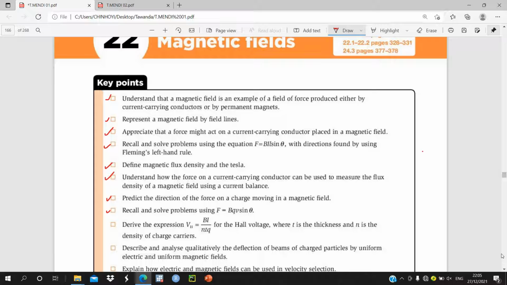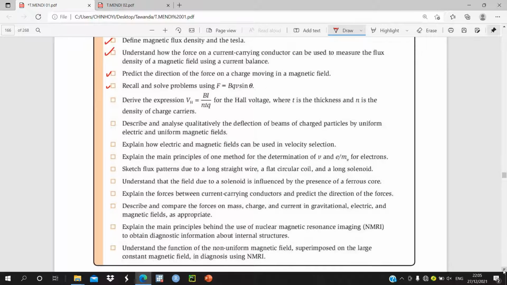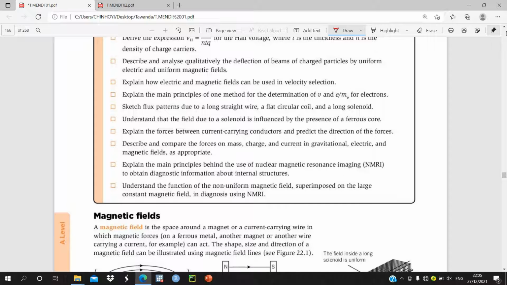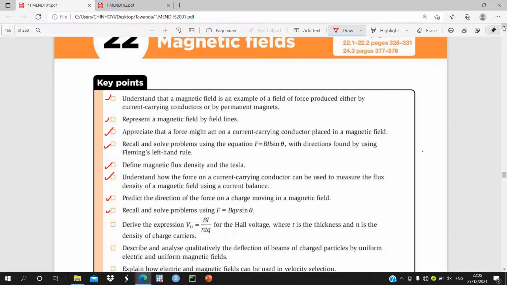Then in our next lesson we are going to look at the Hall probe and also how to use magnetic resonance imaging and a few remaining points.